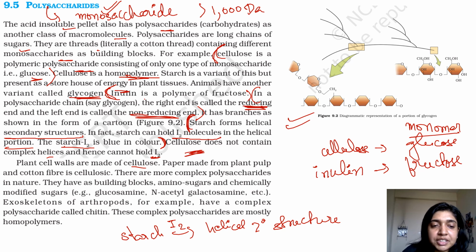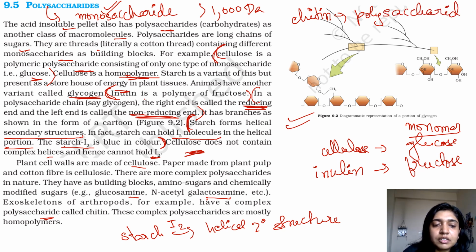There are more complex polysaccharides, for example glucosamine, N-acetyl glucosamine, etc. Exoskeleton of arthropods has a complex polysaccharide called chitin. Chitin is also a polysaccharide, right? It's not a protein, it's a polysaccharide. These complex polysaccharides are mostly homopolymers.